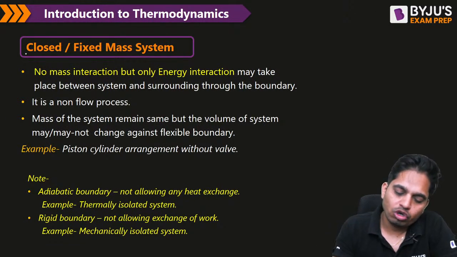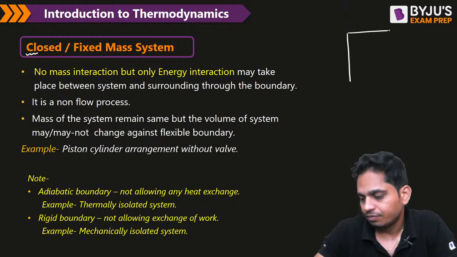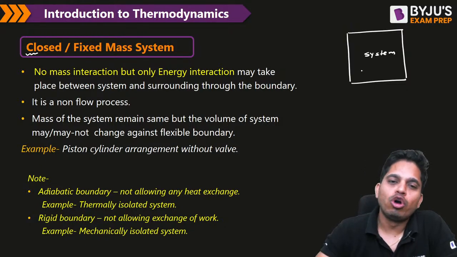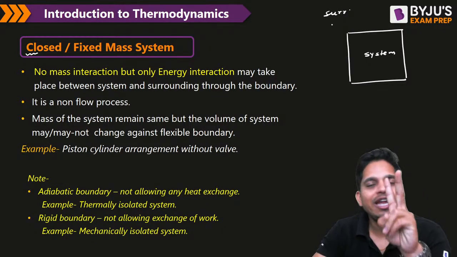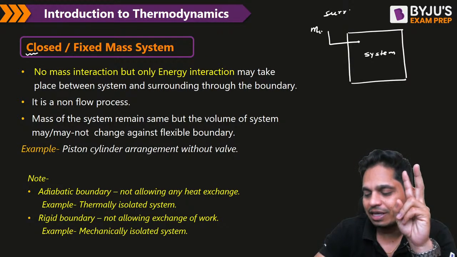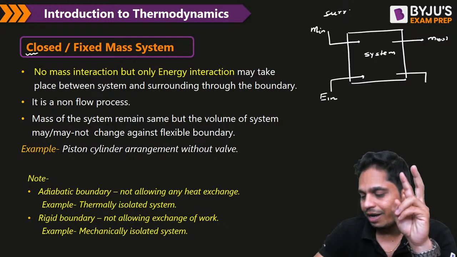First is closed system. See, this is my system. I already told you we have classified this based upon the interaction. System and surrounding can interact only in two ways. What ways? Mass transfer, either mass in or mass out, or energy in, energy out.